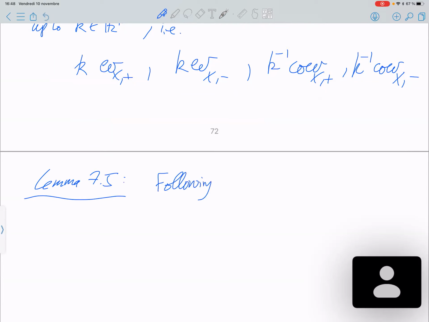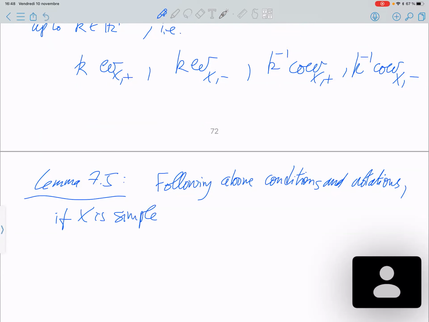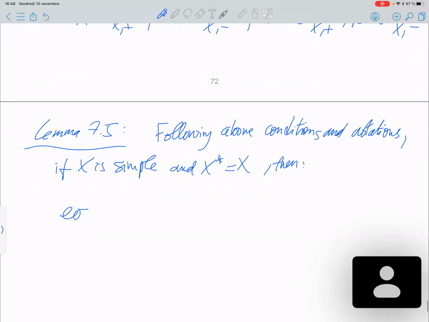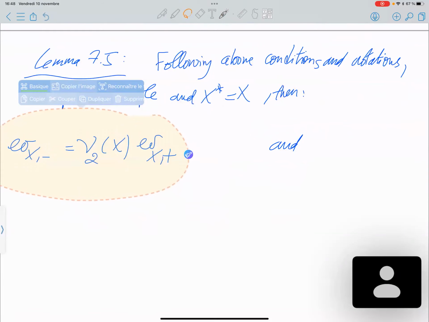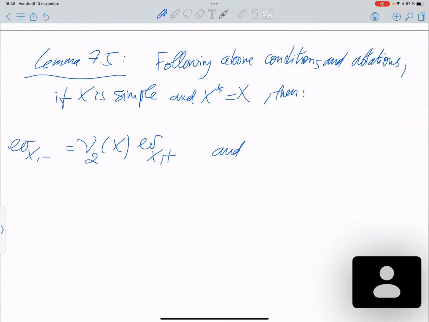As before, following the above conditions and notation, if X is simple and self-dual, then the evaluation map negative version is the plus version up to multiplying by the second Frobenius-Schur indicator, and the same for the co-evaluation map: coev X minus is the second Frobenius-Schur indicator of X times coev X plus.